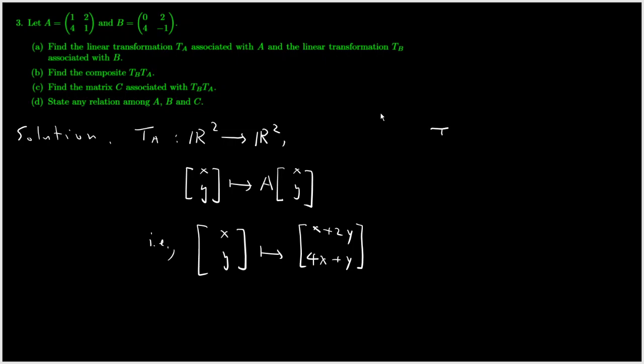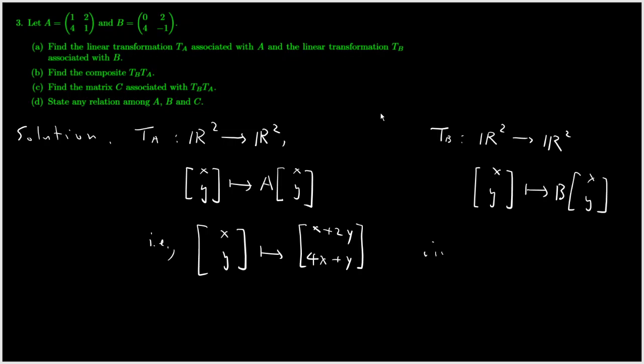And T sub B is also from R2 to R2, right? B is also a 2x2 matrix. Each vector xy in R2 is mapped to a vector in R2, B times xy.